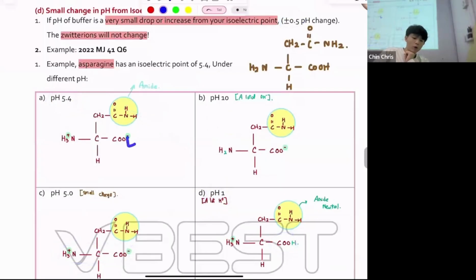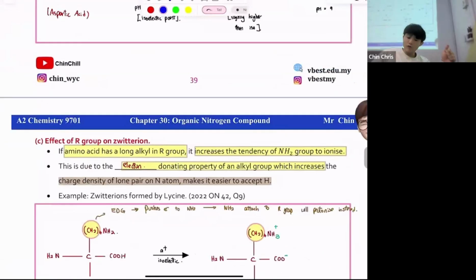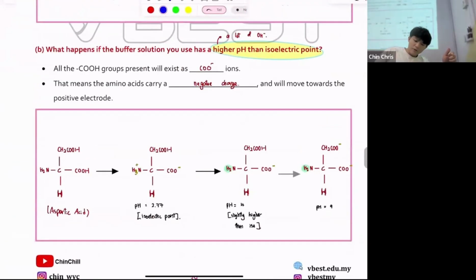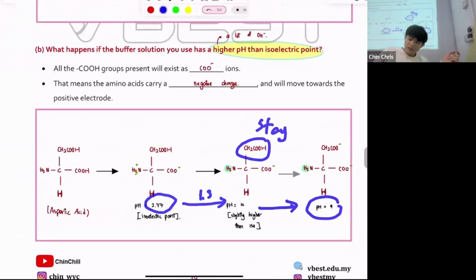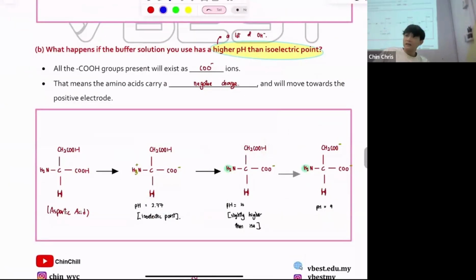Let's say 4.4 is also a COOH here. If it's not an amide group, then this will change only when the change is larger. For example, at pH 1, the top part will protonate. If it's not low enough, then it will not. So you refer here: do you see the increase is just a little bit, maybe 1 point something? Do you see the top part stays? Then if you put it under very high pH, that turns into a COO minus. Clear?